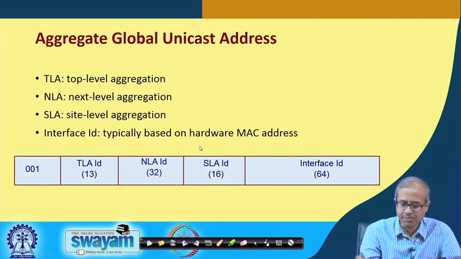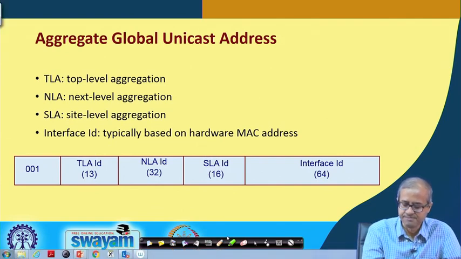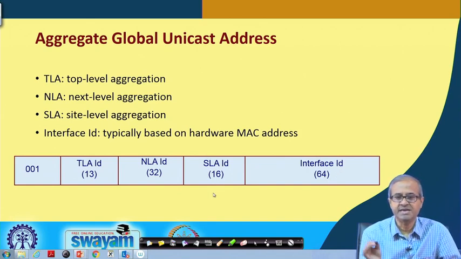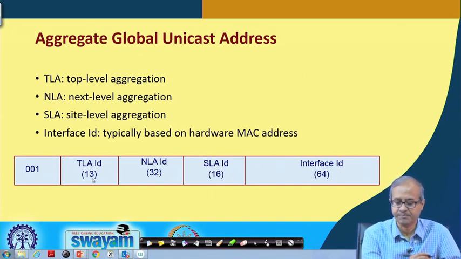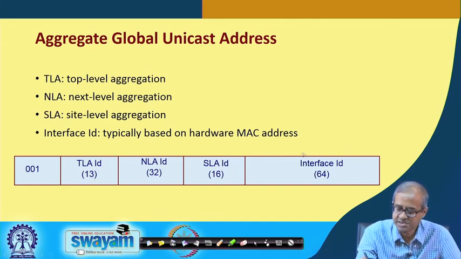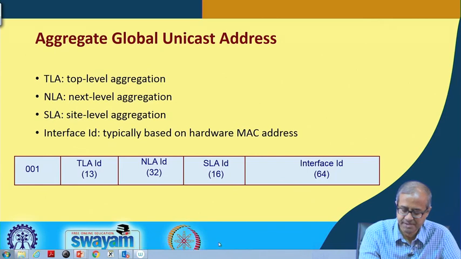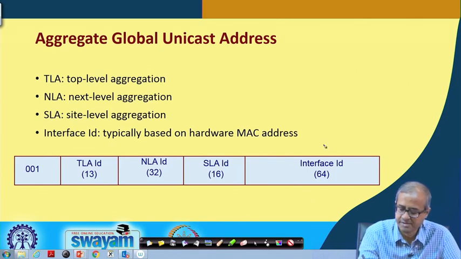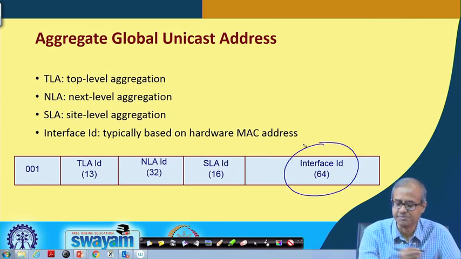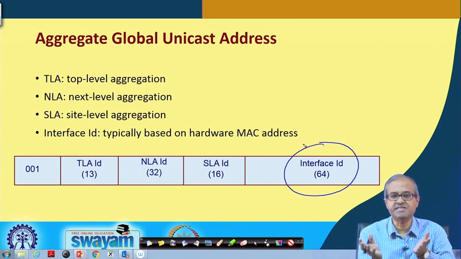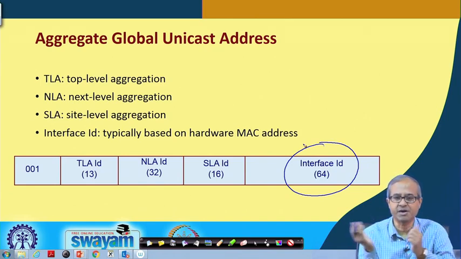Now, talking about the 128-bit address, it is typically separated using a number of hierarchies. The last 64 bits specify something similar to the host address part in IP version 4.